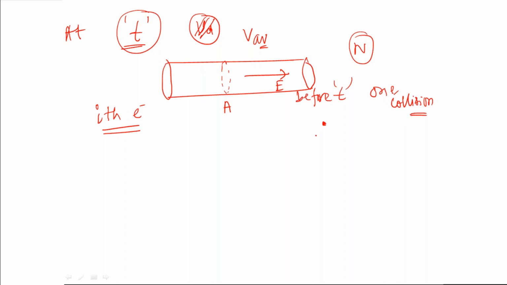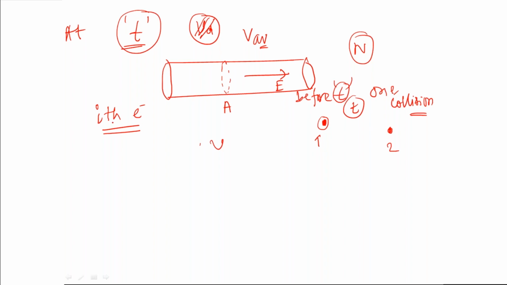Before it goes to the next collision, I'm going to calculate the velocity, or the average velocity, in between the consecutive collisions. This is collision one and this is collision two. Suppose collision one had already occurred. After that, I'm looking at a time interval, a total time t, suppose.